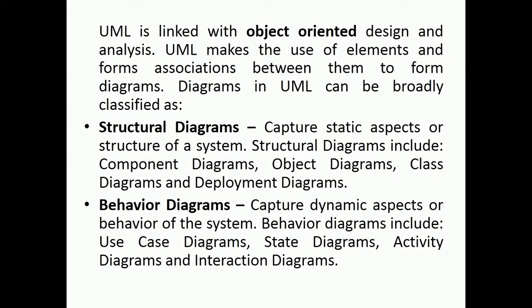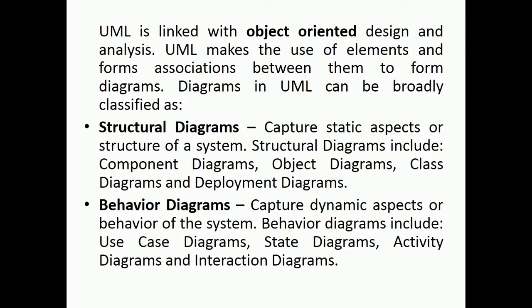Okay, UML is linked with object-oriented design and analysis. UML makes use of elements and forms associations between them to form diagrams. So diagrams in UML can be broadly classified as structural diagrams.